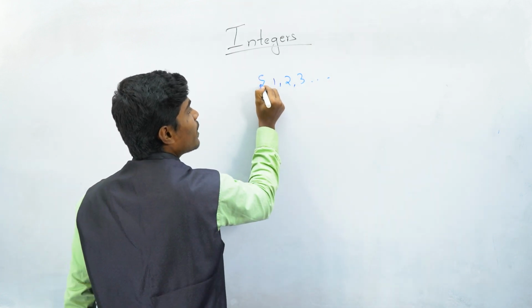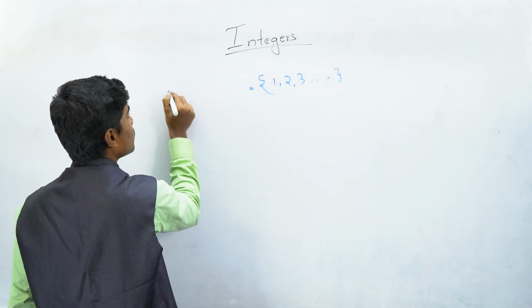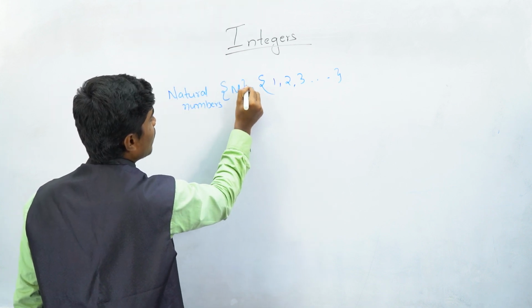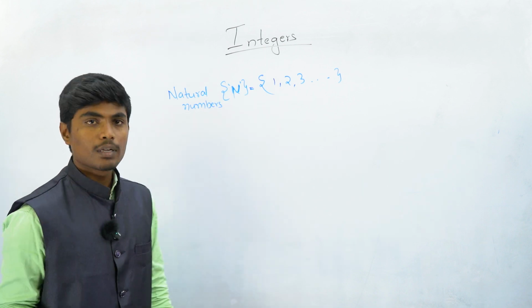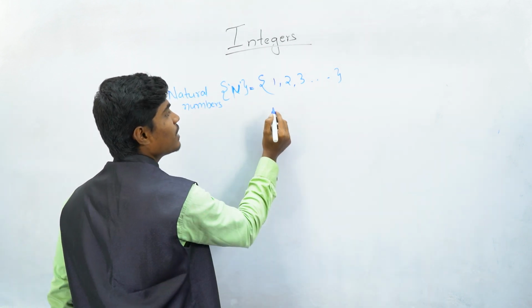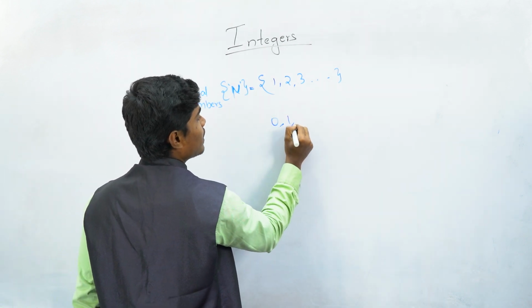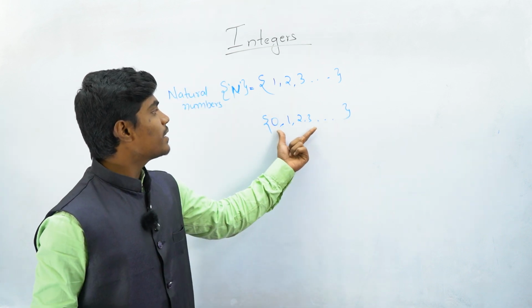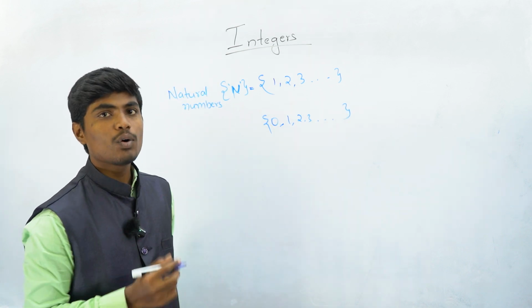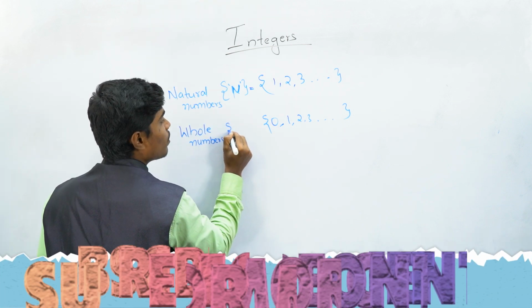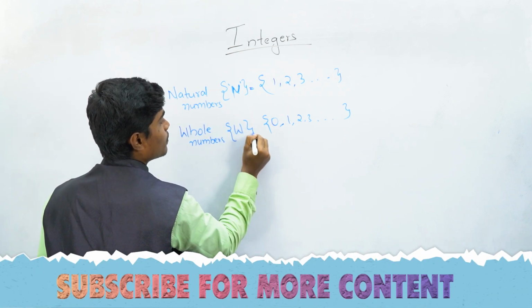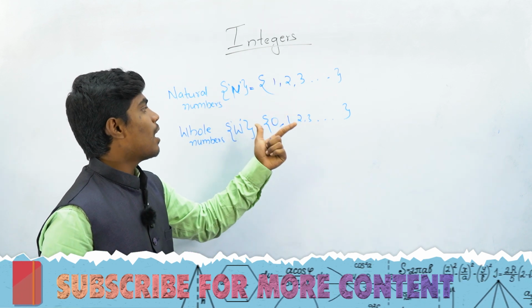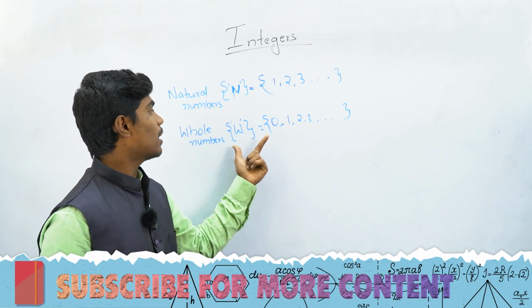This set of counting numbers is called natural numbers, and this is denoted with capital N. If we add 0 to these counting numbers, then including 0, the set of natural numbers is called whole numbers, and this is denoted with capital W. All counting numbers are called natural numbers. All natural numbers including 0 are called whole numbers.